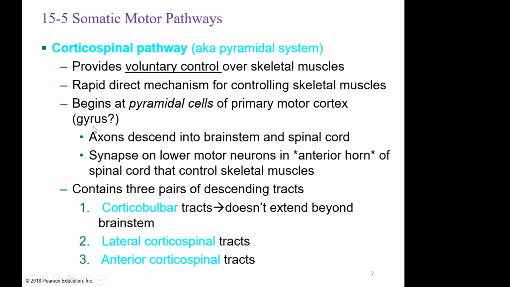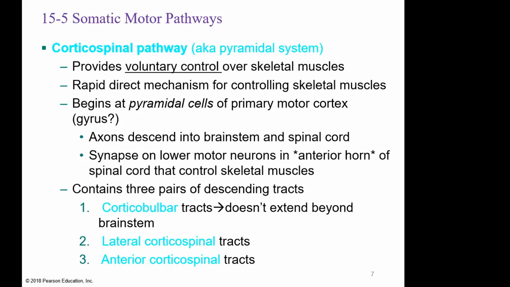And then again, I've already said this like 5 times. What gyrus is that? Precentral, perfect. So that's the precentral gyrus. The axons will go down the brainstem and the spinal cord, and they synapse on the lower motor neurons in the anterior horn, because remember, anterior has to do with your somatic motor, okay?